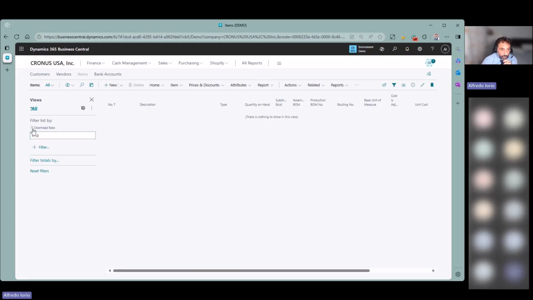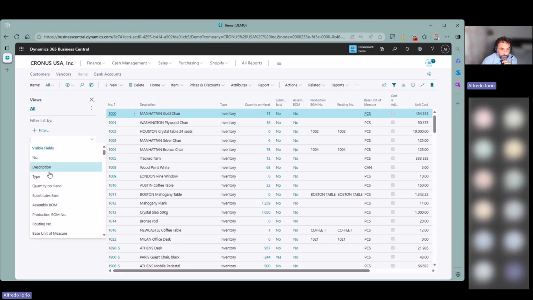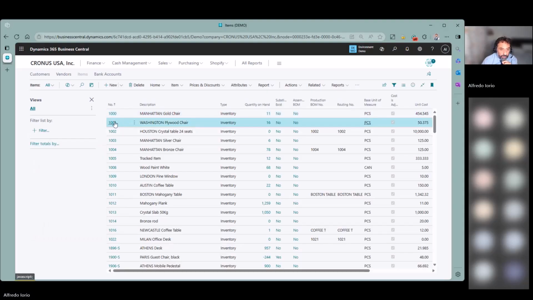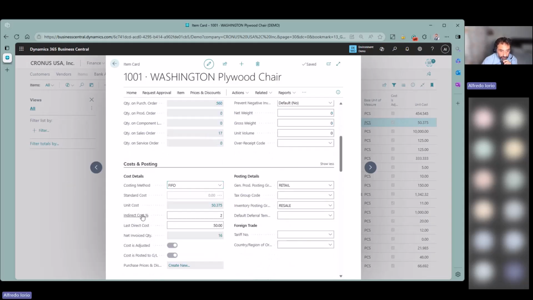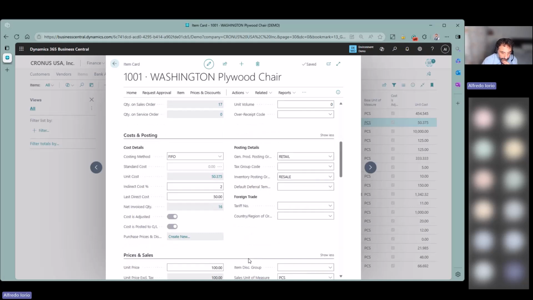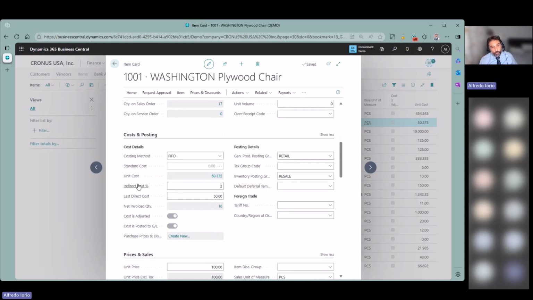Overhead rate, there we go. Let me see, actually, let's apply that to this one. Indirect cost, sorry, not overhead rate. My bad, my mistake. Indirect cost percentage, right?